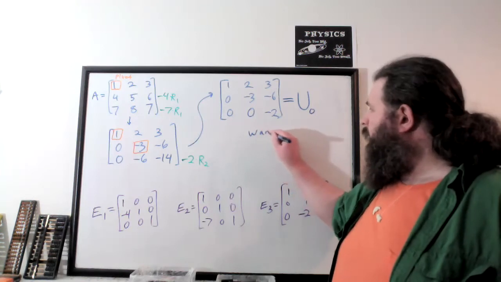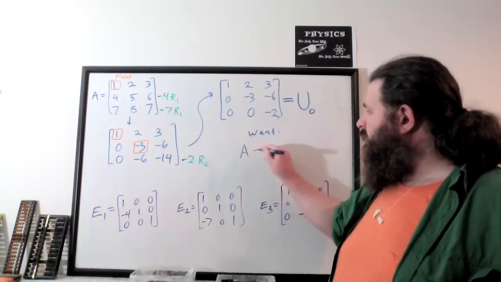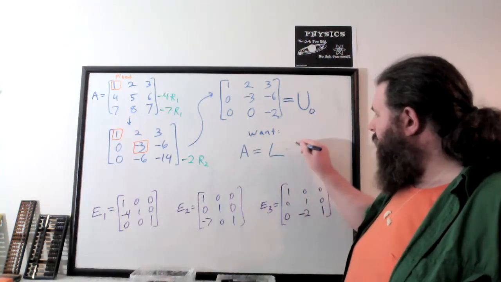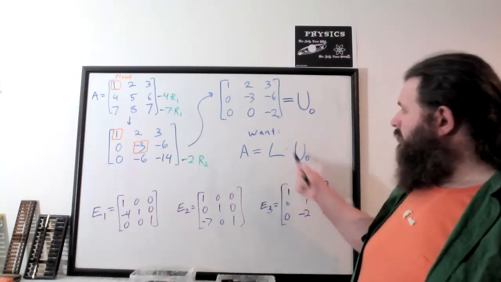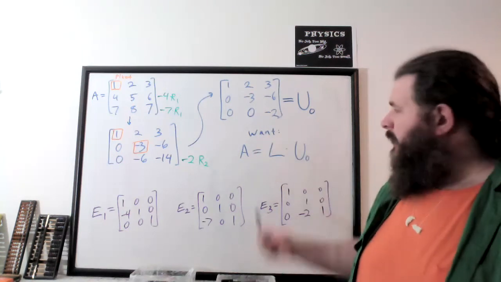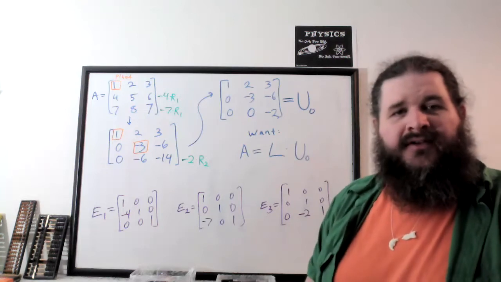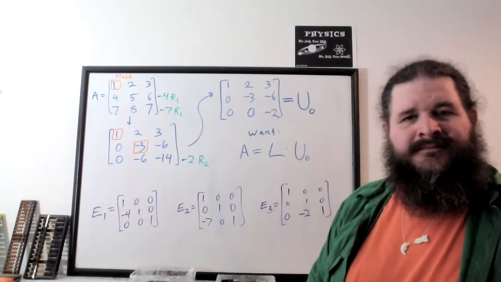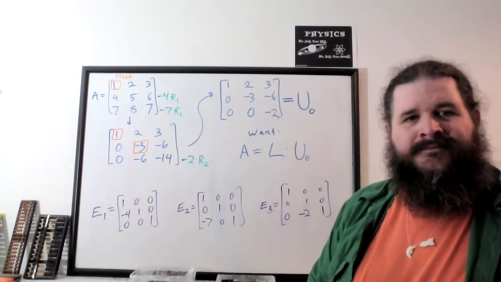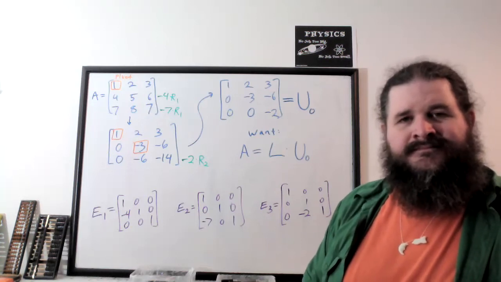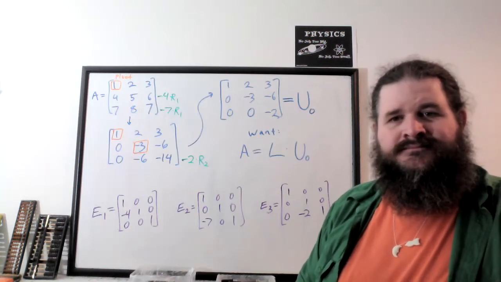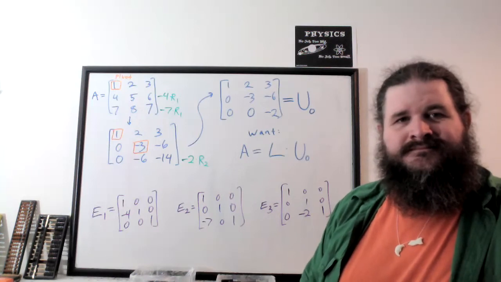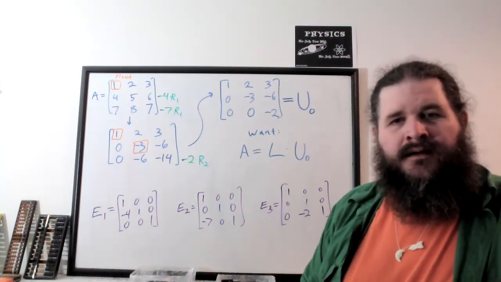Because remember, we want matrix A to be written as lower triangular times upper triangular. We've got the upper triangular matrix. How can we figure out the lower triangular matrix that will make this work? We just look at the operations we did, right?